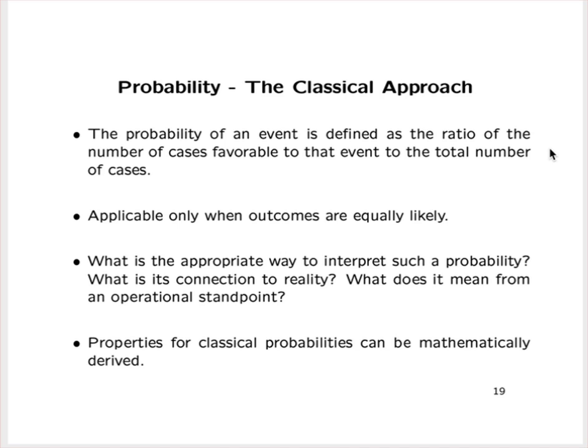Now, there are a lot of situations where the set of possible outcomes are not equally likely, and so the classical approach would not be appropriate. Now, with that definition and with that caveat there, in the second bullet point, what is the appropriate way to interpret such a probability?